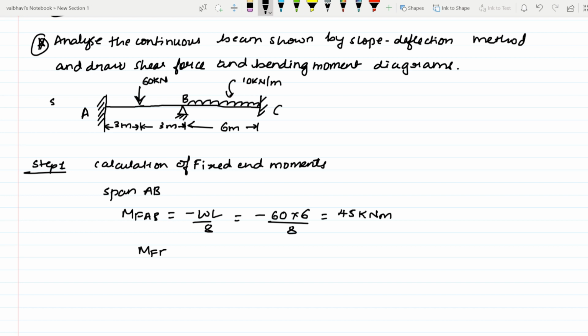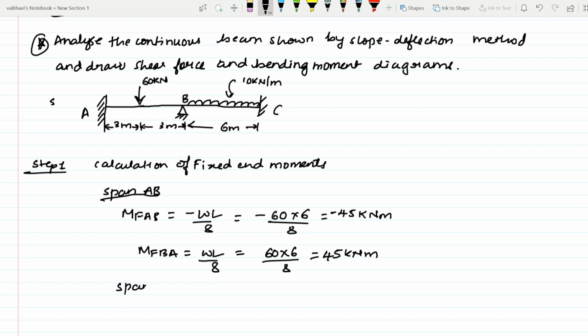Then MFBA is equal to plus WL by 8. This is the formula to find fixed end moment when there is a single central point load over a span. So plus WL by 8 means 60 into 6 by 8, it is plus 45 kilonewton meter.